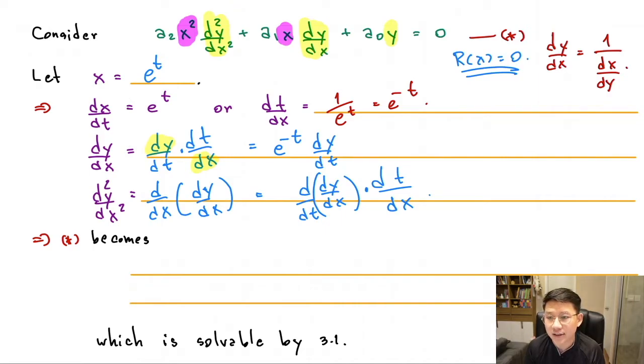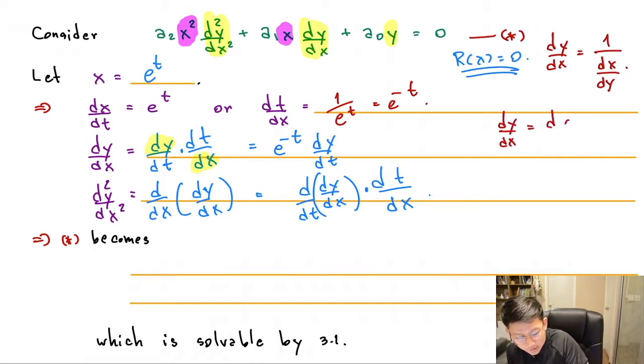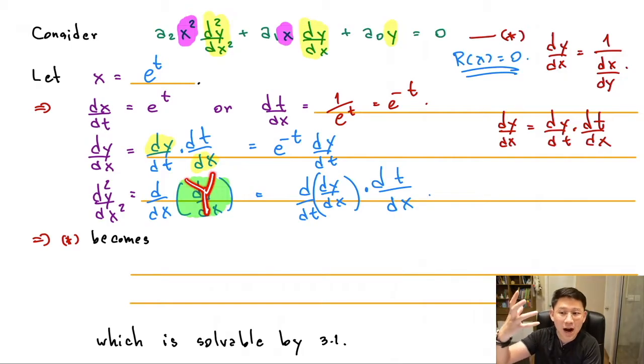Guys, the chain rule says that dy by dx is dy by dt, dt by dx, right? So right now we look at this guy as y. Okay, so we want to find the big Y by dx.